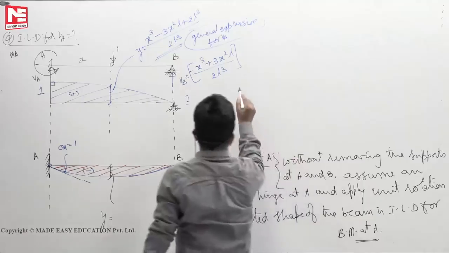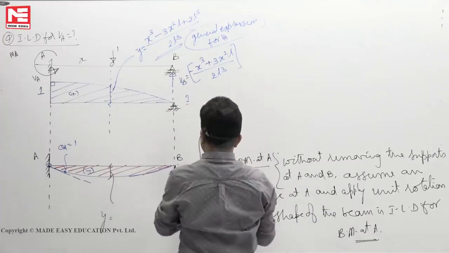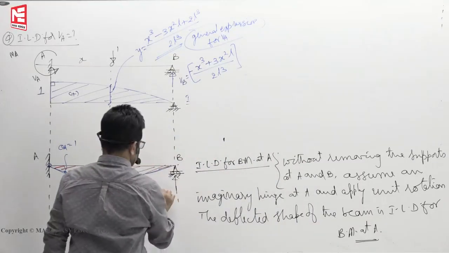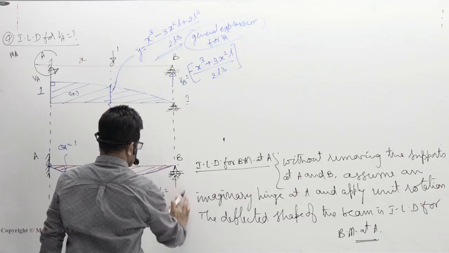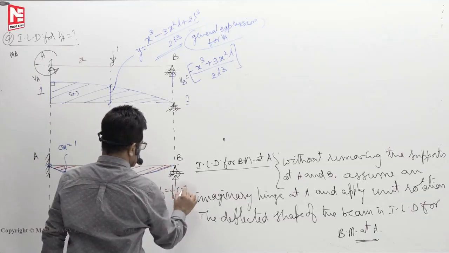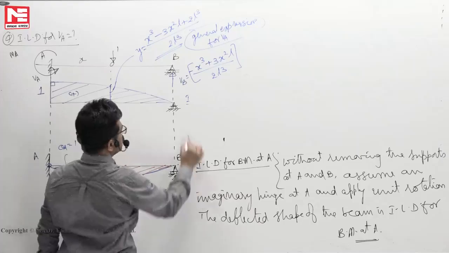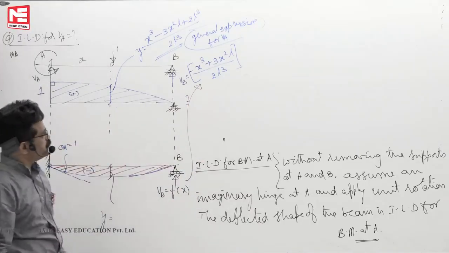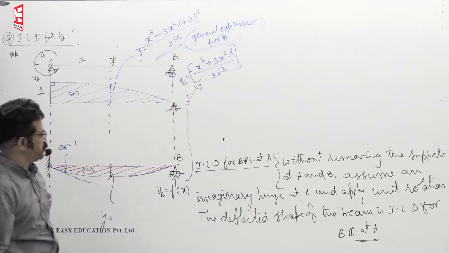Note how they can ask it this way. VB is a function of X. What's the function of X? It is minus X cube plus 3X square L by 2L cube.